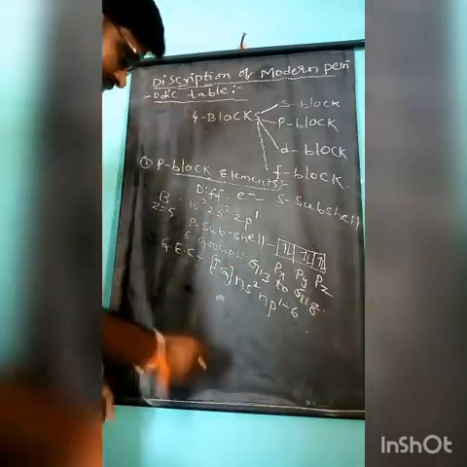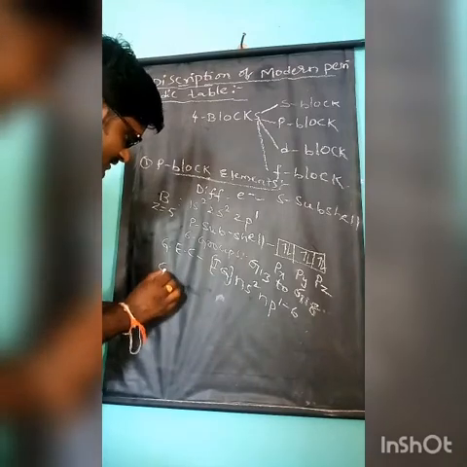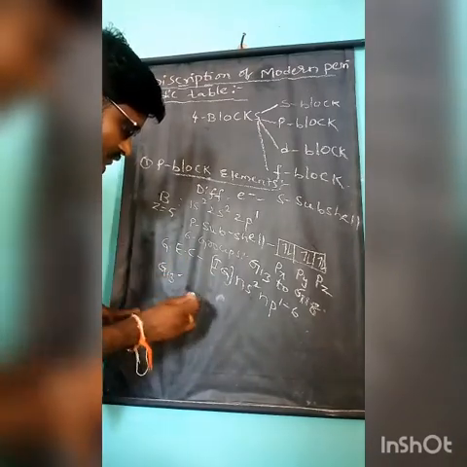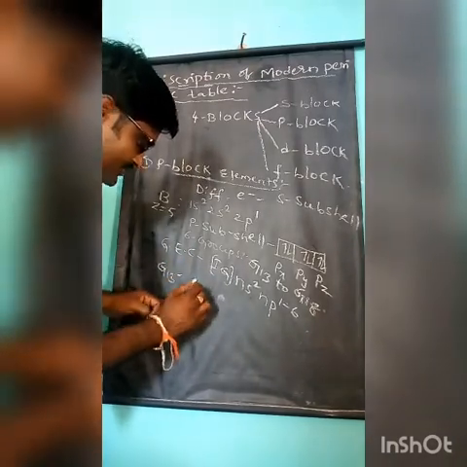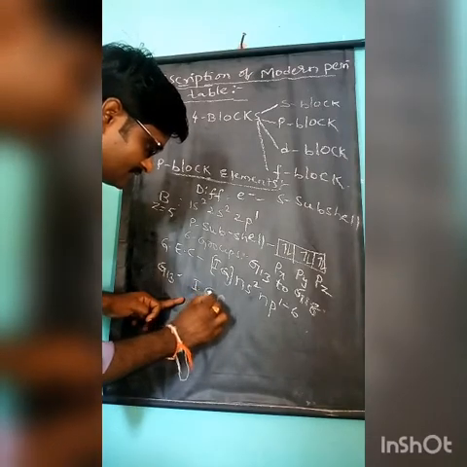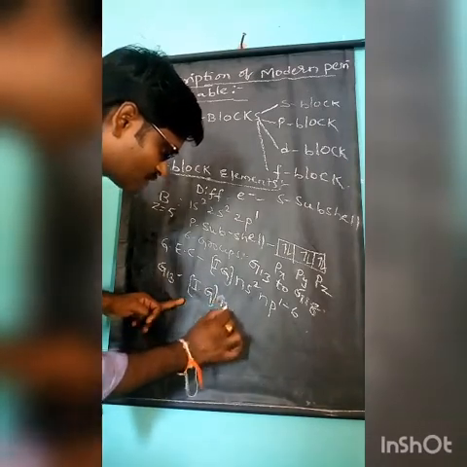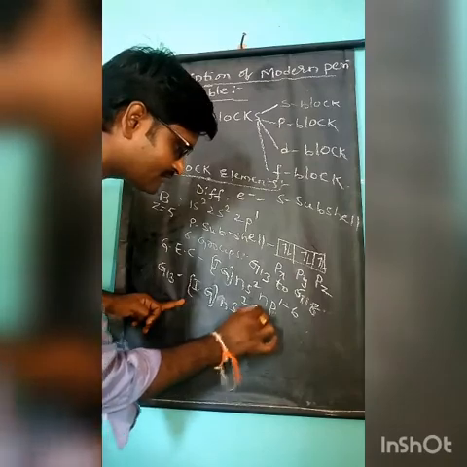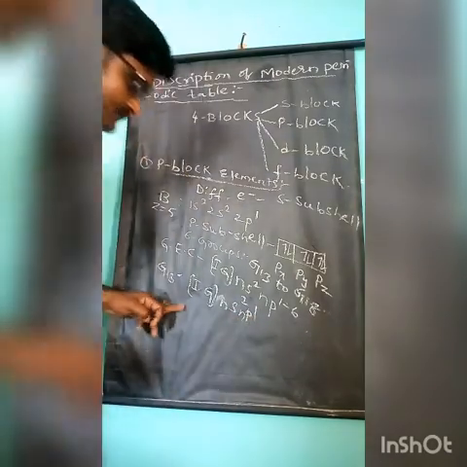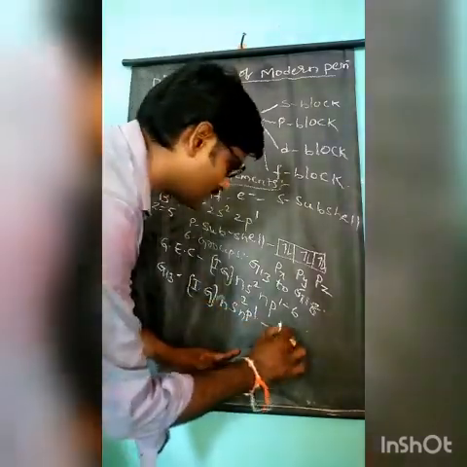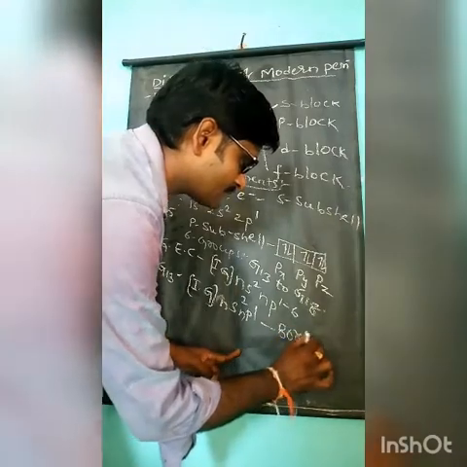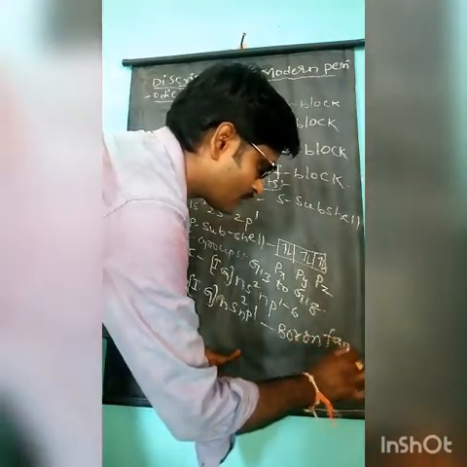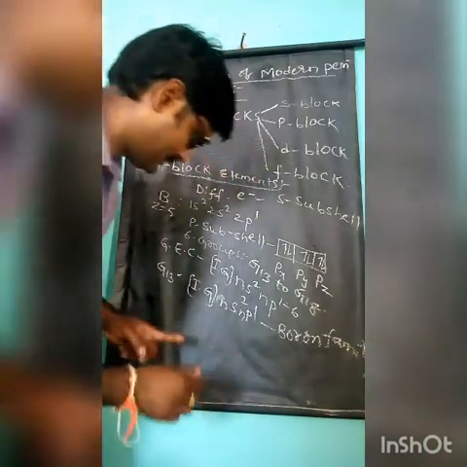First, the G13 group. The G13 general electronic configuration is noble gas ns2 np1. This is called the boron family.